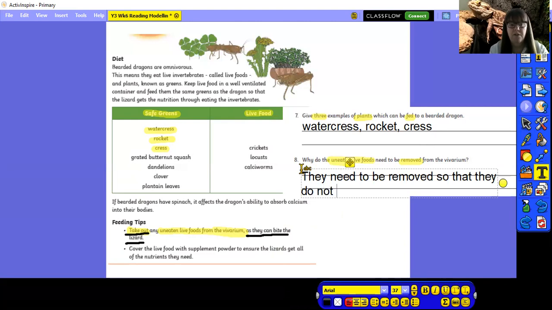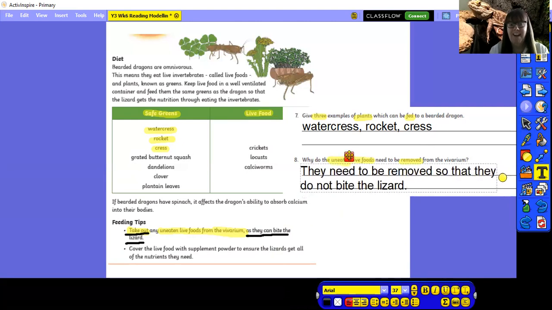What would they do if they stayed in there? Yeah, they would need to be removed so that they do not bite the lizard. Fancy that, being bitten by what you're going to eat. There we go. Right. Do I have my answer to my question? Why do the uneaten live foods need to be removed? They need to be removed so that they do not bite the lizard.